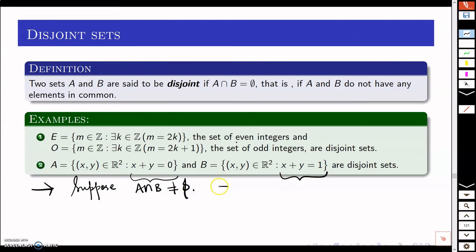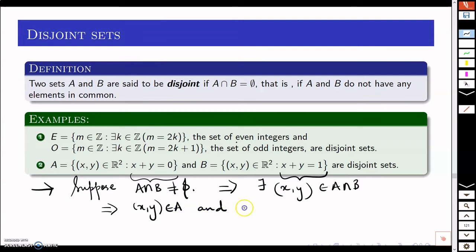Because it is non-empty, there exists a point x comma y, an ordered pair, in A intersection B. That means this point x comma y is there in A as well as B, right? So x comma y is there in A, and this point x comma y is there in B as well.